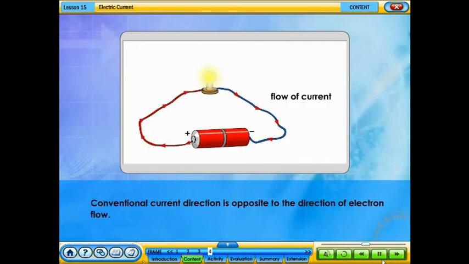It is a common misconception that the positive charge from the positive terminal of the cell flows to the negative terminal. Thus, arrows on circuit diagrams are often marked in this way. In fact, the real flow of electrons is in the opposite direction, from the negative to the positive terminal.